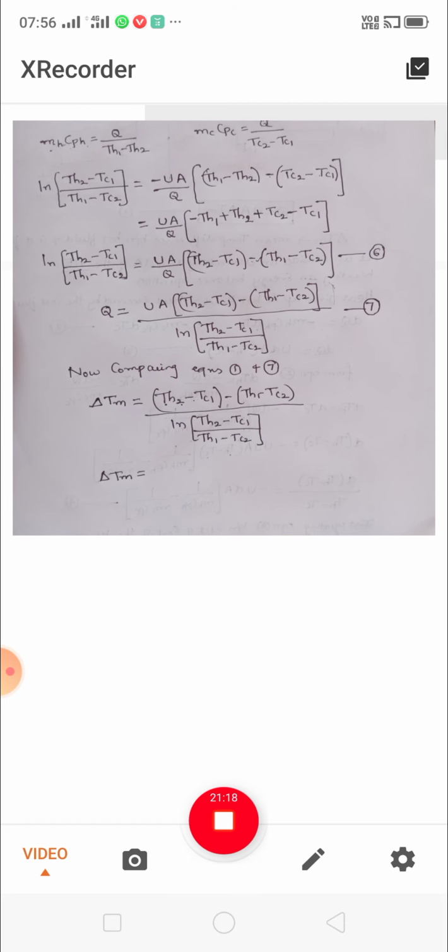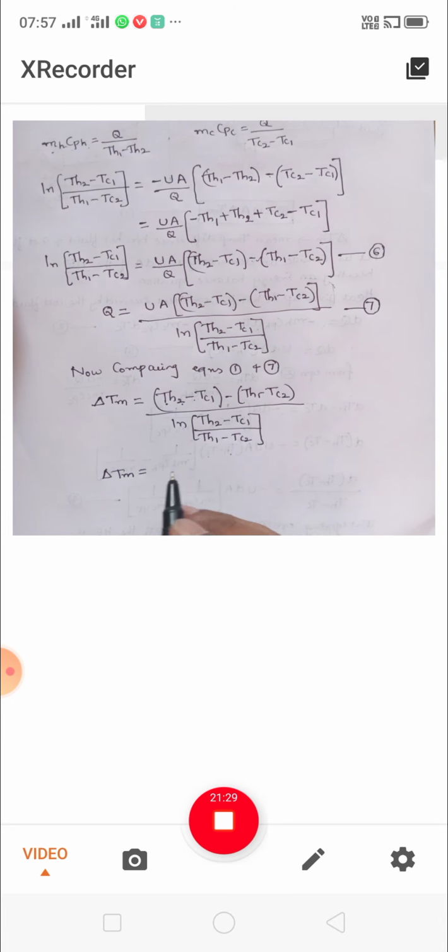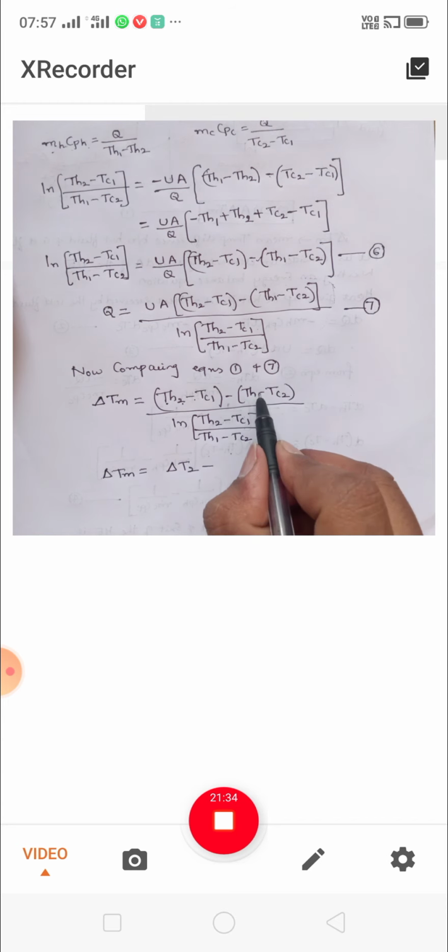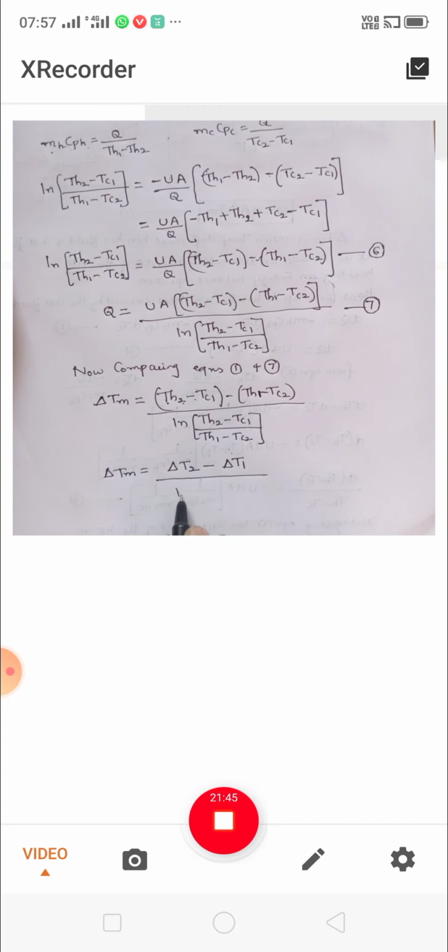In delta Tm, Th2 minus Tc1, the difference in temperatures between the hot fluid and the cold fluid at the exit of the heat exchanger, is delta T2, minus Th1 minus Tc2, the difference at the inlet, delta T1, divided by log of delta T2 divided by delta T1.